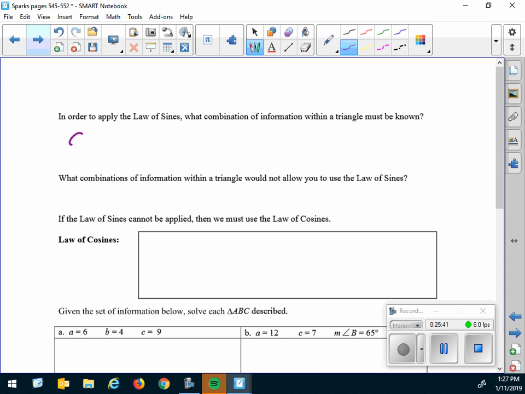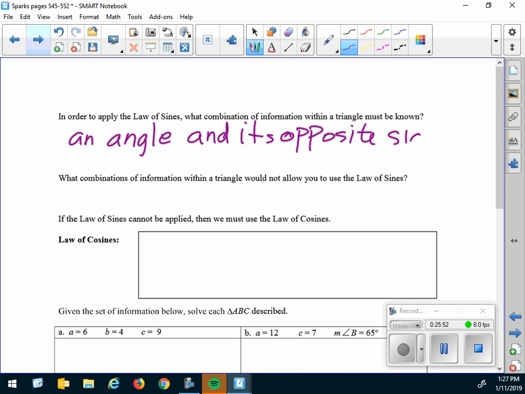You have to know an angle and its opposite side. And then you have to know one other part. Either you have to know one other angle or one other side.